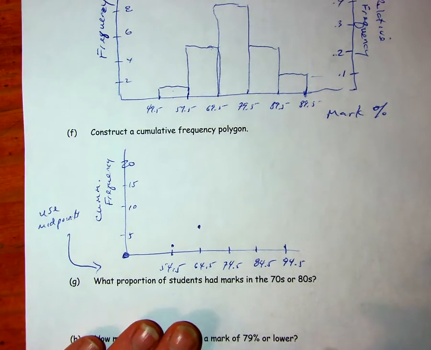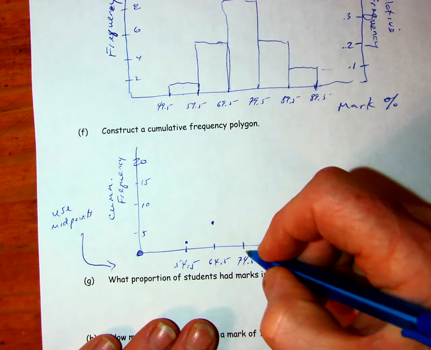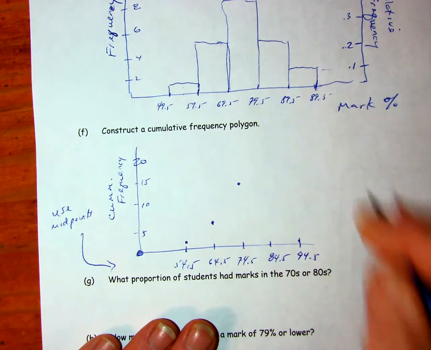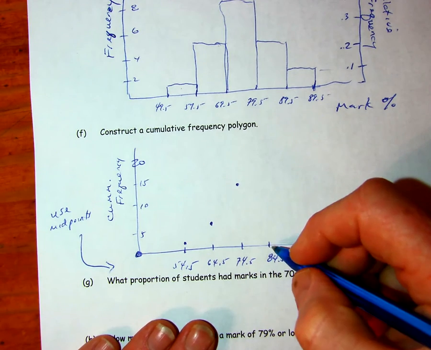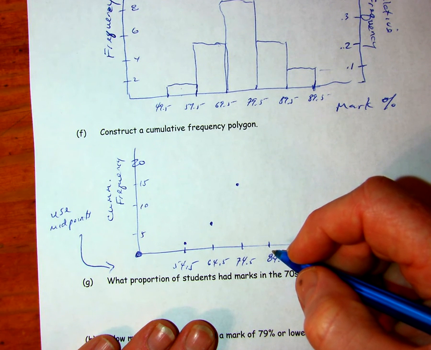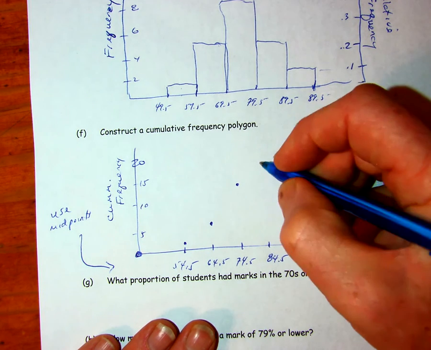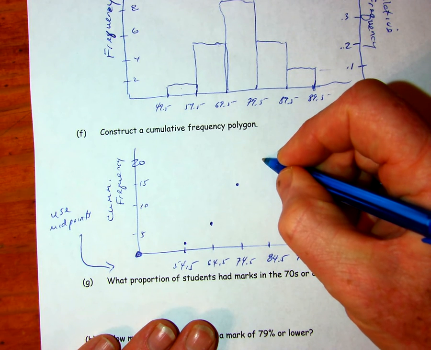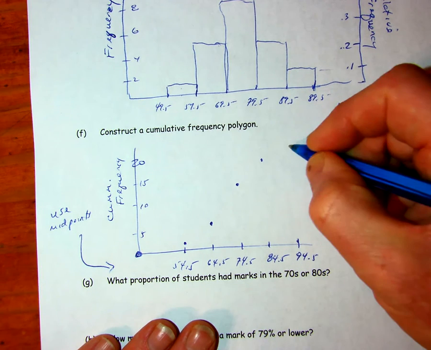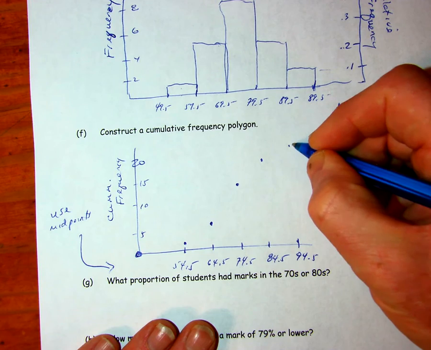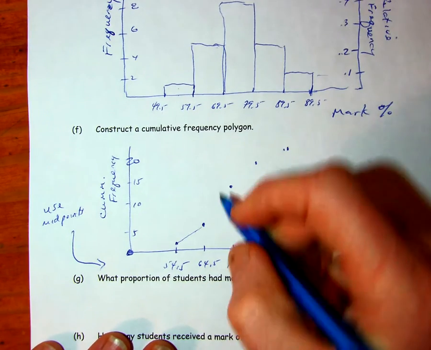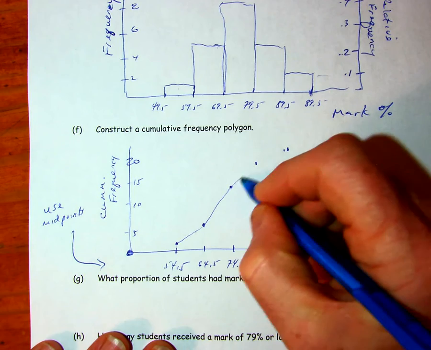Next one, we'd have a jump of 8, so we'll go up to 14. There. And then another 4, so 18. 18 would be around there, I guess. And then another 2. So the cumulative frequency diagram should look something like that.